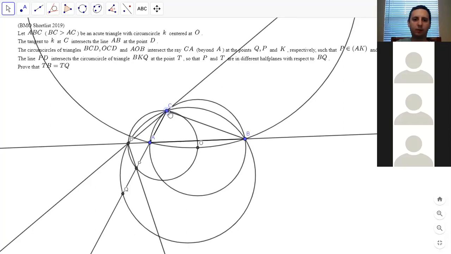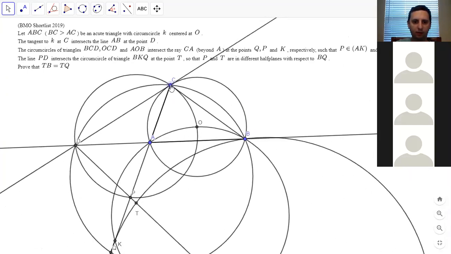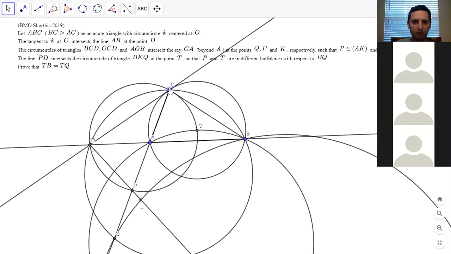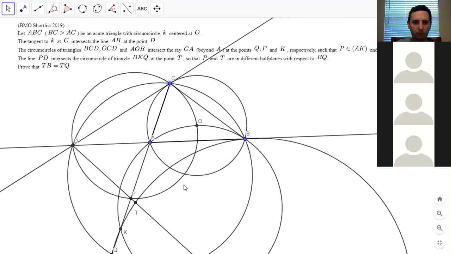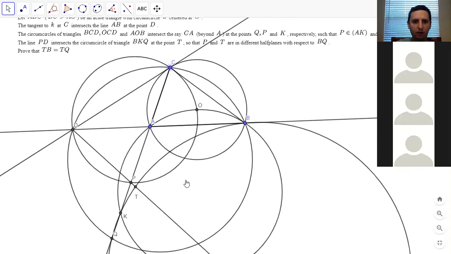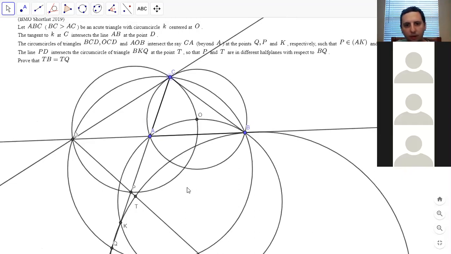Oh, that's the problem. I can't really draw it like this because I need AOB to intersect the ray CA. And T is another intersection of PD with the circle BQK.